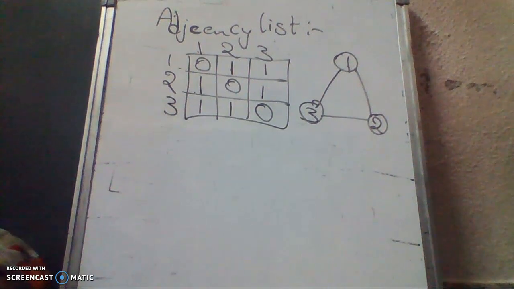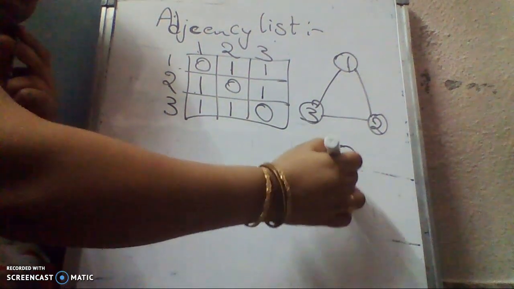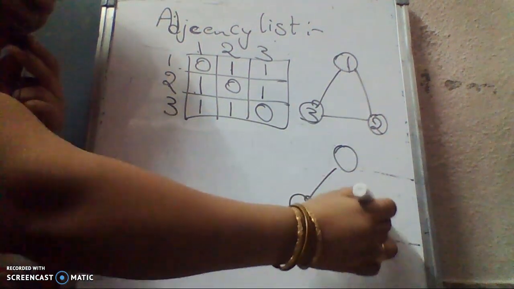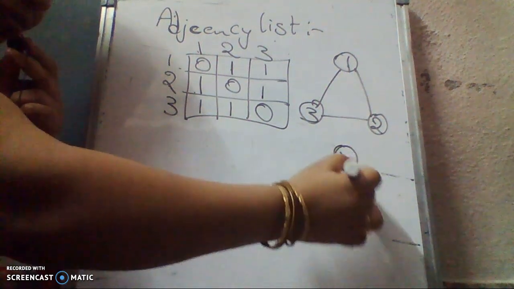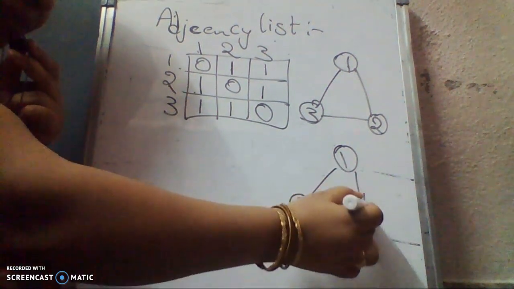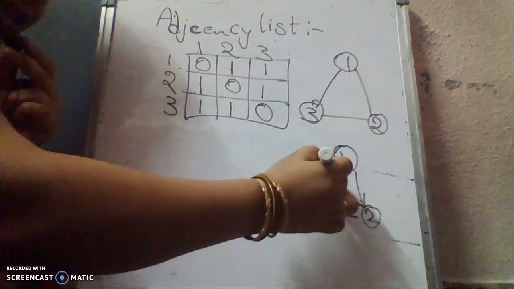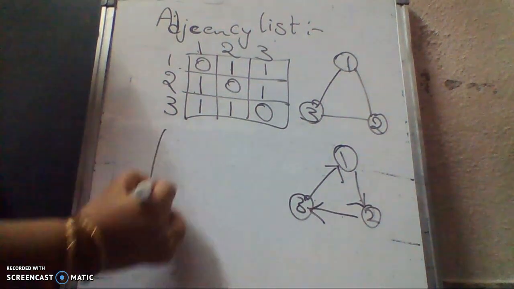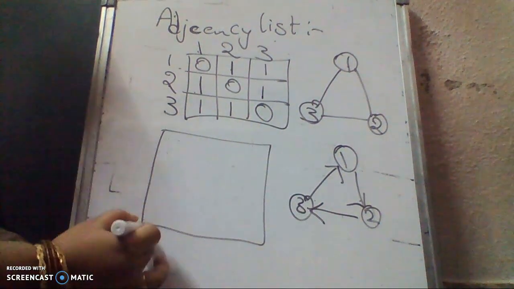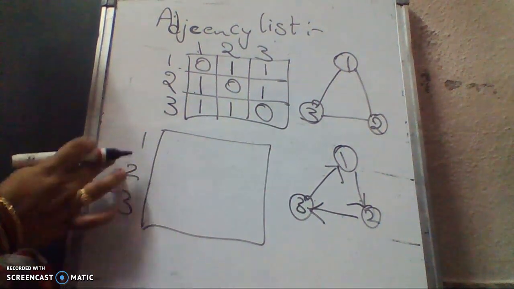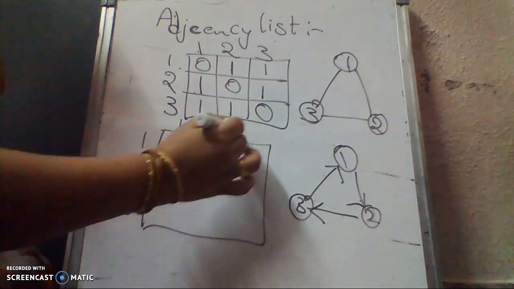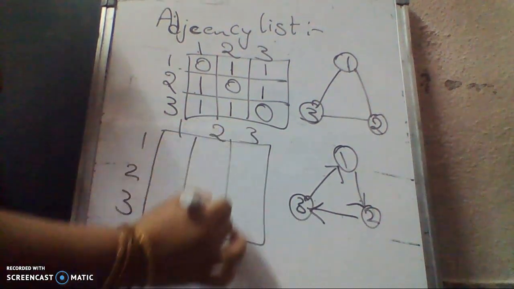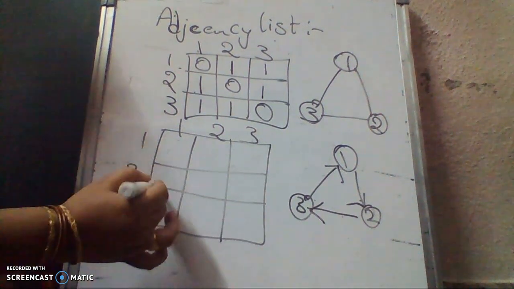Say this same graph 1, 2, 3 is represented as a directed graph. Now we can write the adjacency matrix like this, with 1, 2, 3 as the vertices and also as the columns, a square matrix.